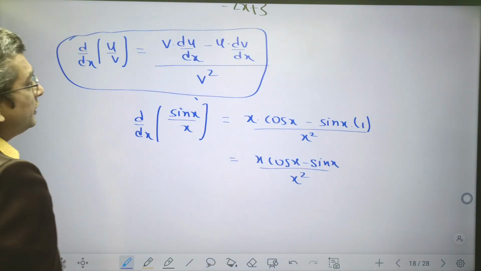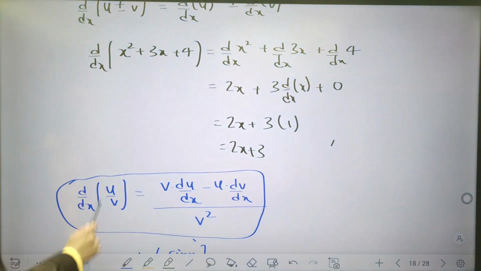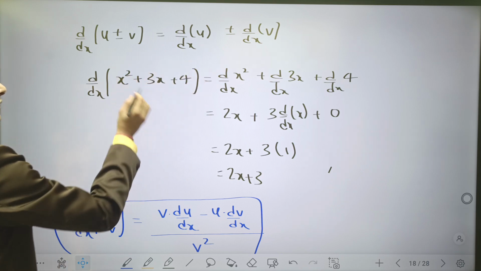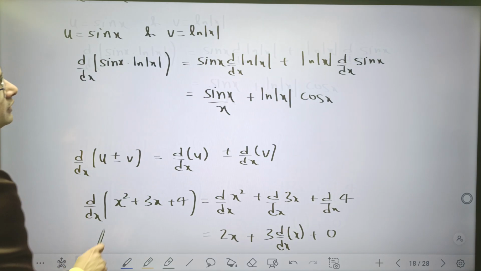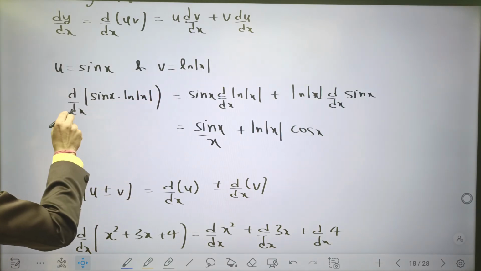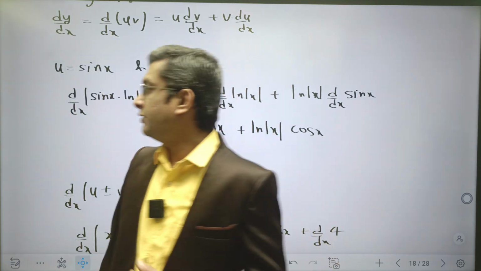I'm asking you to observe one thing: in whatever examples we have taken here, the function is in x and we are differentiating it with respect to x. In any example you observe, the functions are in x and we are differentiating with respect to x, because d by dx is the differential coefficient.